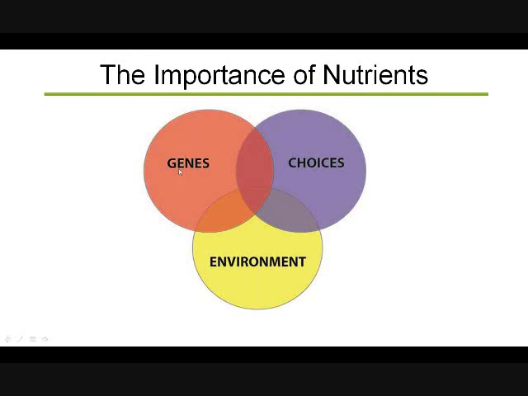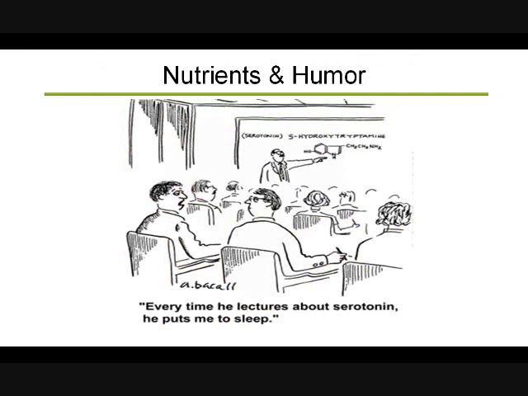So it's always the genes mixed with the environment, the diet, and the choices we make. We'll talk about the choices in the foods we eat, the lifestyle we live, our exposure to certain toxic situations, toxic metals, toxic environments, etc. But nutrients are a key player in affecting our genes and the environment and the choices we make.